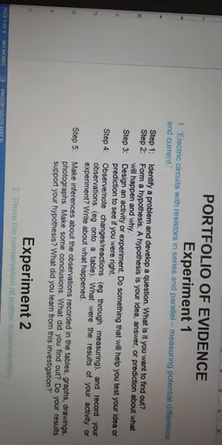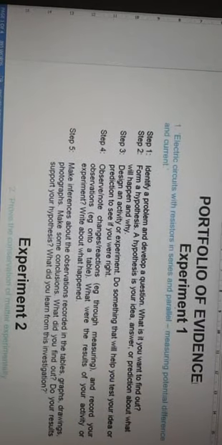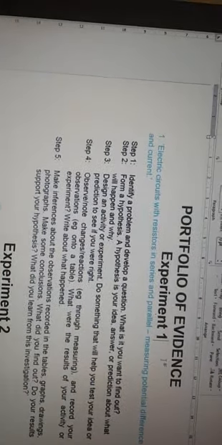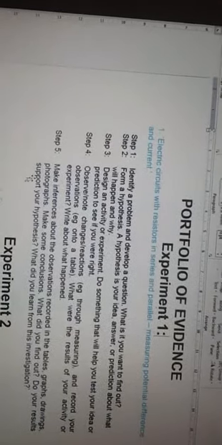Under the portfolio, you will have something that looks like this. It will start there. Remember, the top part won't be in there. Experiment 1 will look like that. Then you will put in your steps, as I have told you. And then you can also start designing your pamphlet.